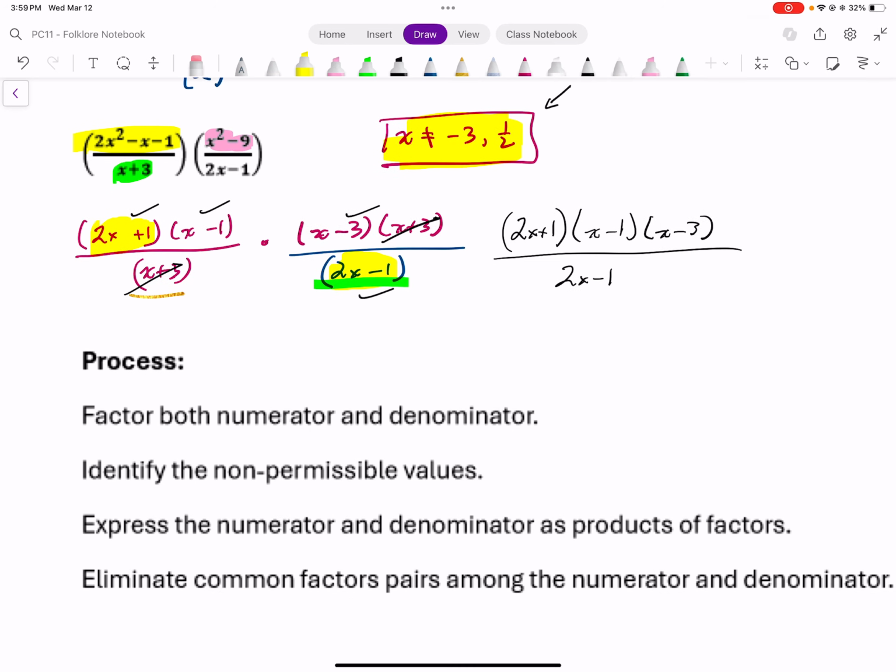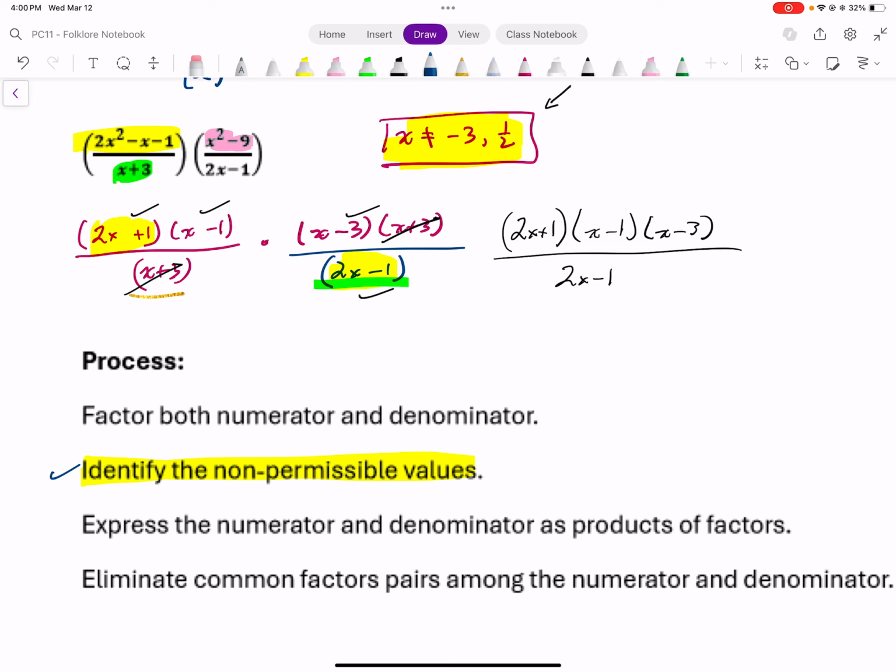So the process here: you're going to factor both numerator and denominator. Next, please identify your non-permissible values. I will look for you stating them. However, identifying the non-permissible values is a very, very common step that is missed.